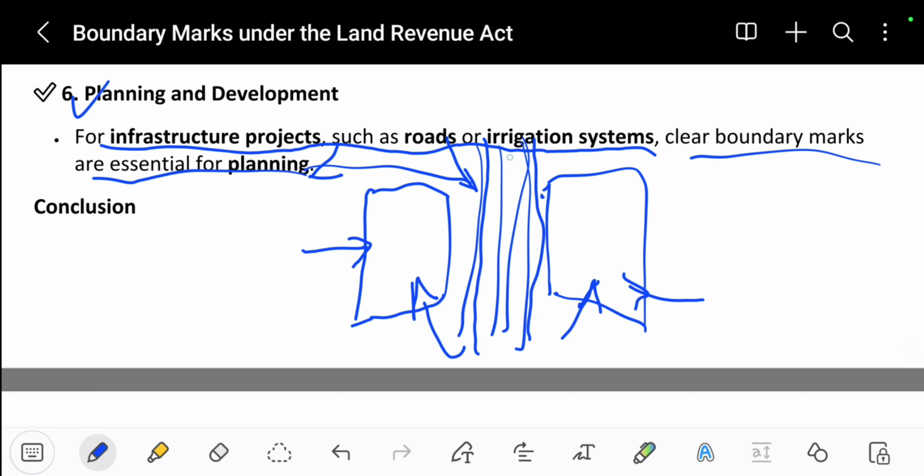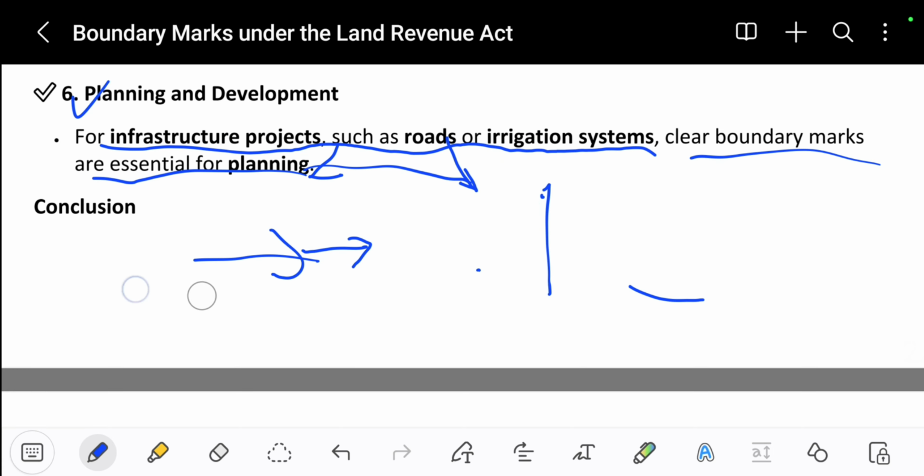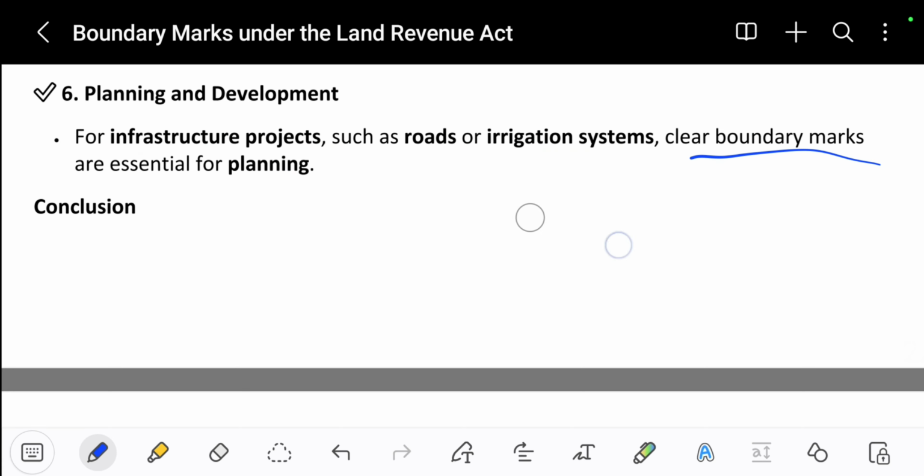So if you have a boundary mark on your land, it will avoid mixing your land with another person's. This is also important in planning and development.